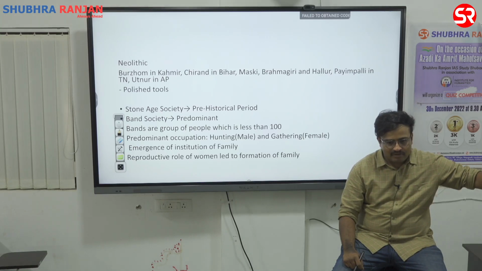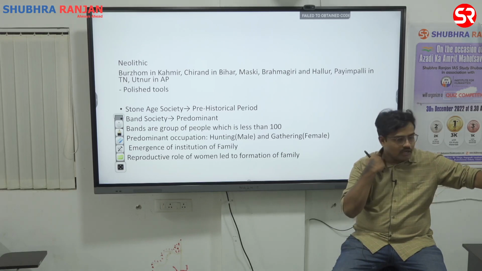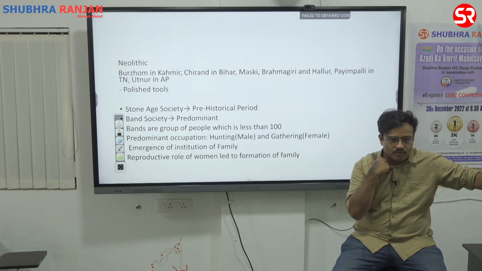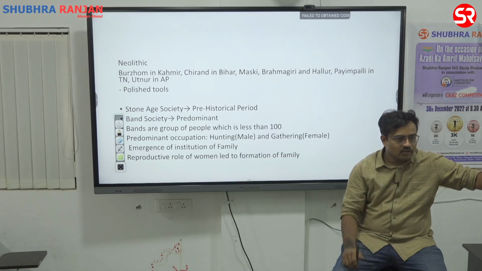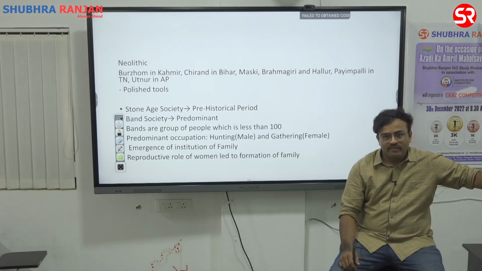Number two is wheel developed. Third one is pottery. Pottery is for storage and for cooking. Both uses are possible, right? So pottery is the third one which developed. Then the wheel developed.